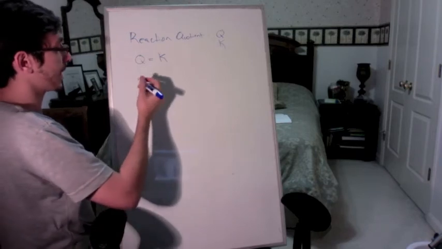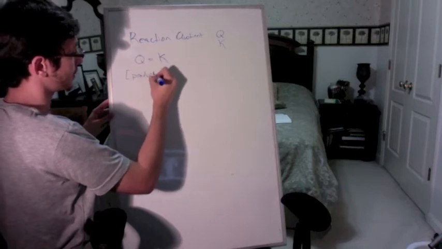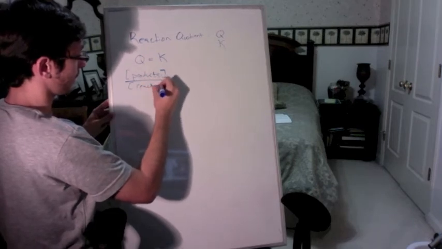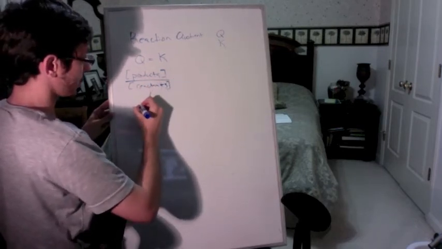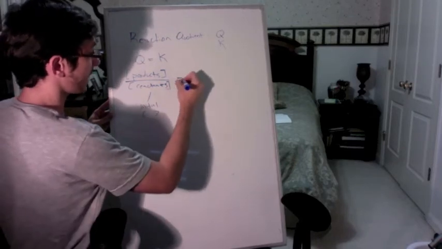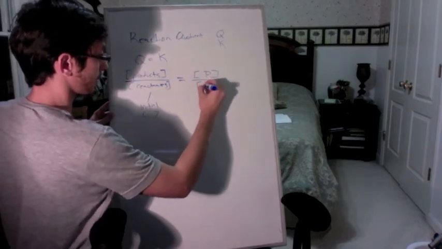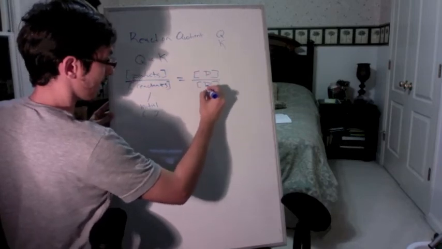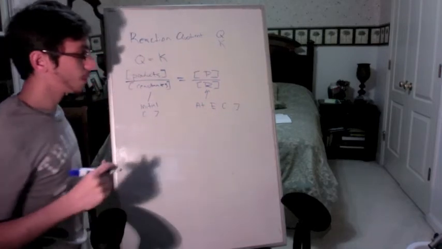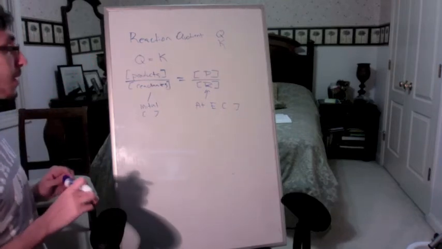And so if Q equals K, let's just simplify here. The ratio of the concentration of products to the concentration of reactants at initial concentrations, if that is equivalent to the ratio of the concentration of products to concentration of reactants at equilibrium concentrations, what that means is that the products and reactants are already at their equilibrium concentrations.